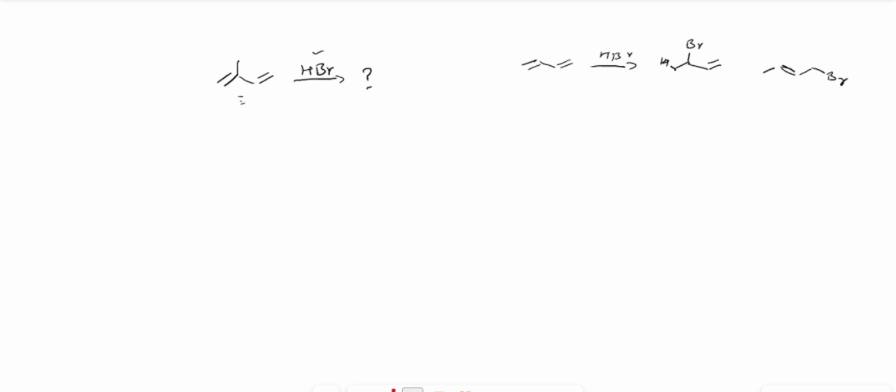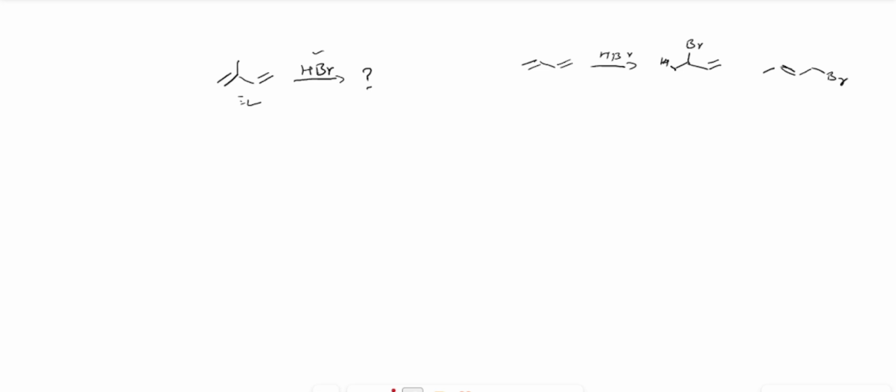So let's apply this concept to this molecule here, and this is not a simple 1,3-butadiene. In fact, it's a substituted 1,3-butadiene, and we have a CH3 group attached at position 2.